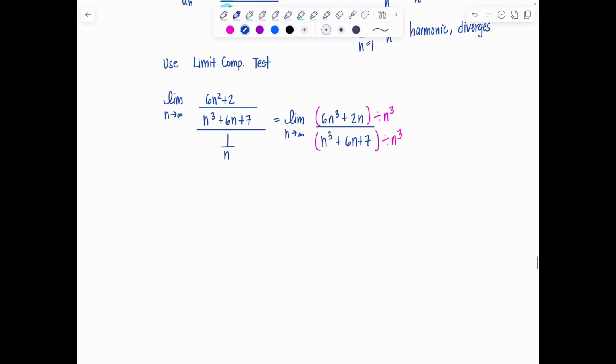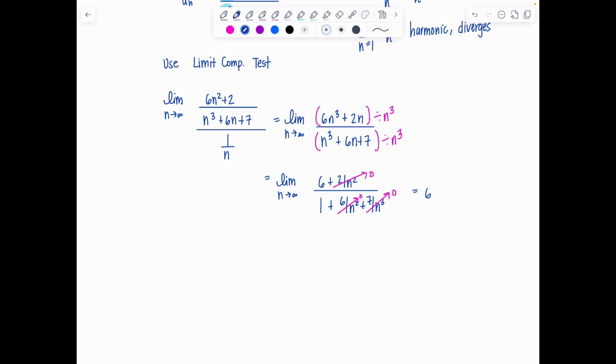Now we've got the limit as n goes to infinity of 6 plus 2 over n squared, and then 1 plus 6 over n squared plus 7 over n cubed downstairs. Okay, so 2 over n squared, 6 over n squared, 7 over n cubed, these all go to 0. So my limit just comes out to be 6 over 1, which is 6.